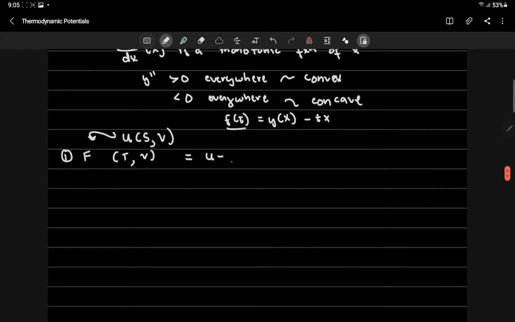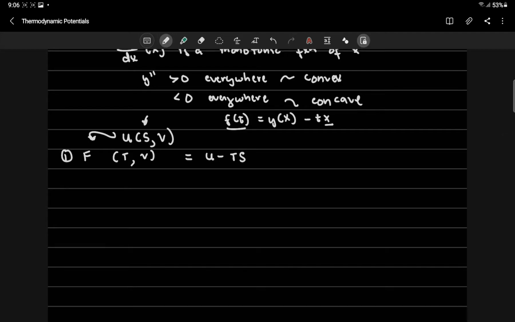So, ilagay natin to t. And then times x. Ano yung x? That's just the independent variable. And the independent variable here is yung kung ano yung variable na binavary nung unang form ng function, which is your entropy. So this, right? That's the independent variable. So now we have the expression u minus ts.